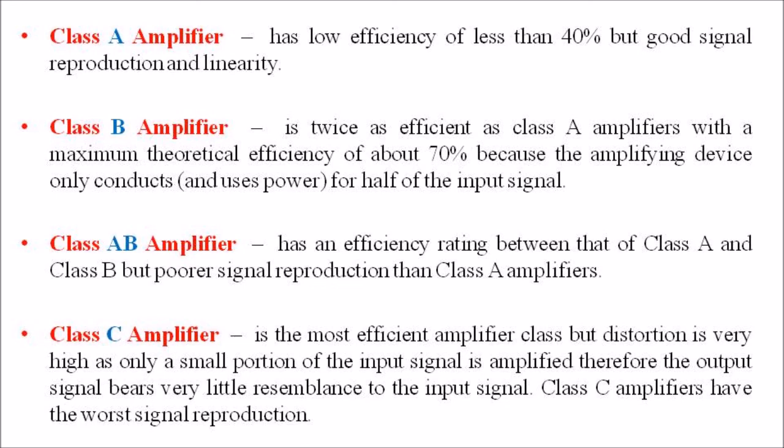The class AB amplifier has an efficiency rating between class A and class B, but poorer signal reproduction than class A. In the case of a class C amplifier, it is the most efficient amplifier class but distortion is very high as only a small portion of the input signal is amplified. Therefore, the output signal bears very little resemblance to the input signal. The class C amplifiers have the worst signal reproduction.